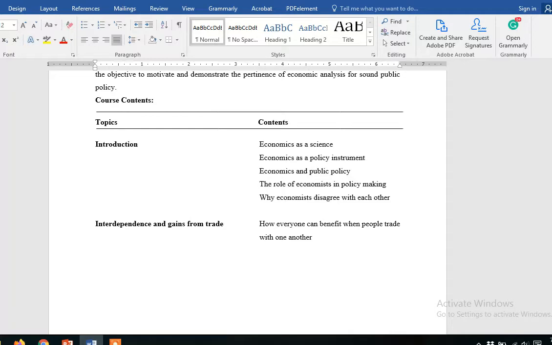With these things, we also discuss some principles of microeconomics, like the basic 10 principles of microeconomics. Those are very important, and we will discuss them in the first lecture.